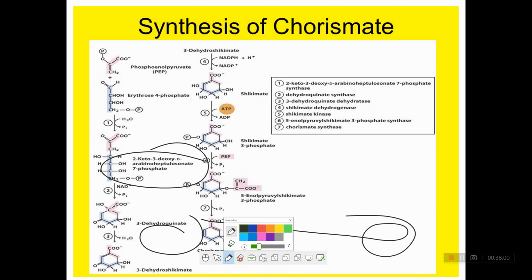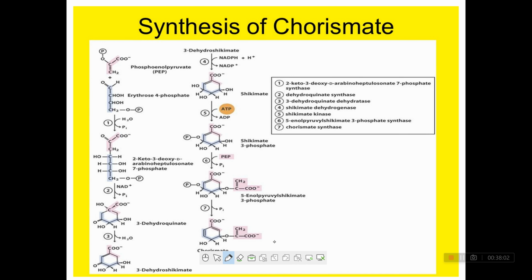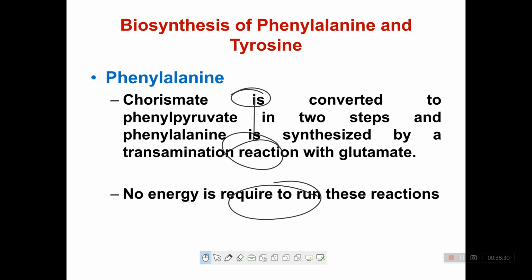This pathway is known as the chorismate pathway. See here, 3-dehydroshikimate is converted into shikimate, then shikimate 3-phosphate, then 5-enolpyruvyl shikimate 3-phosphate, then chorismate. These are the intermediates by which the aromatic amino acids are synthesized.